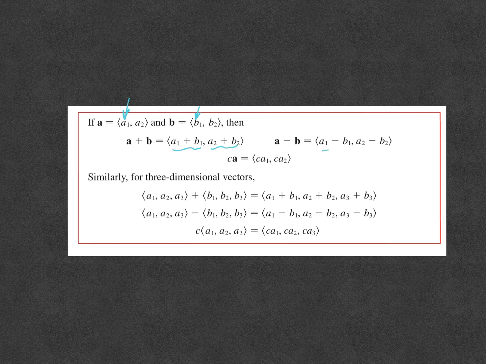If we were subtracting, we would subtract them component-wise, A1 minus B1, A2 minus B2. If we multiply by a scalar, we do it component-wise, CA1, CA2. And the same rules apply when you look at 3 dimensions. So it's not too bad to work with that algebraically. Let's look at a couple of examples.